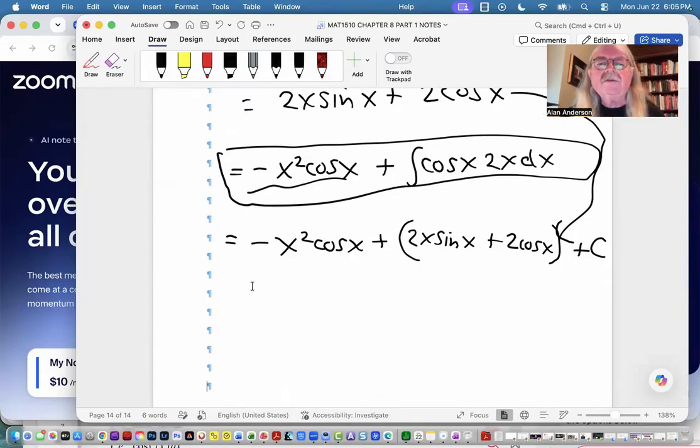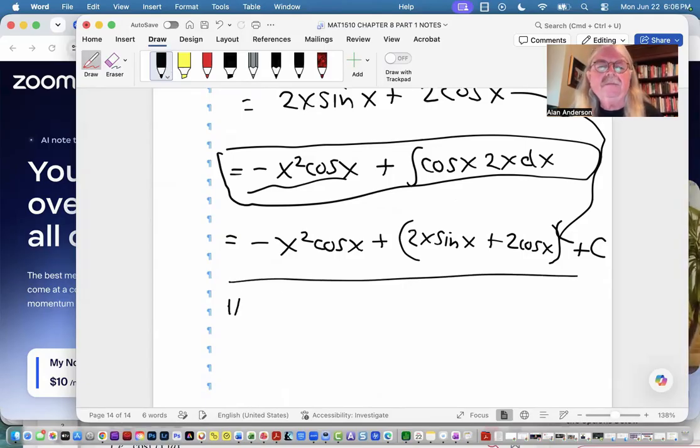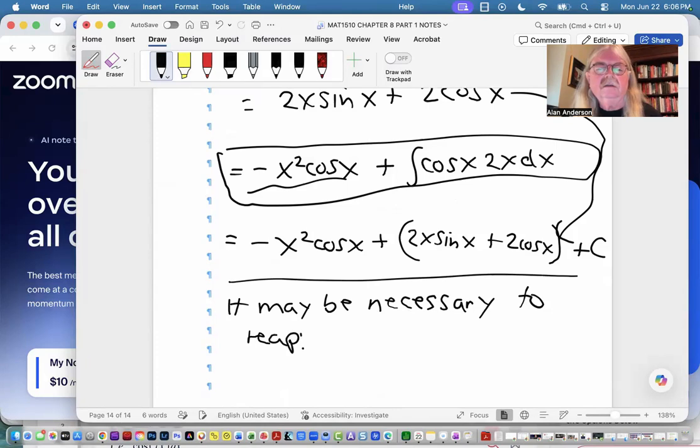Okay. So that was the first time we've seen a case where it may be necessary to reapply integration by parts.